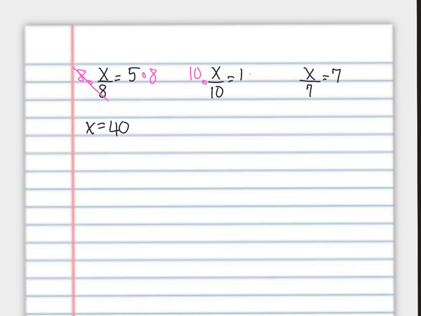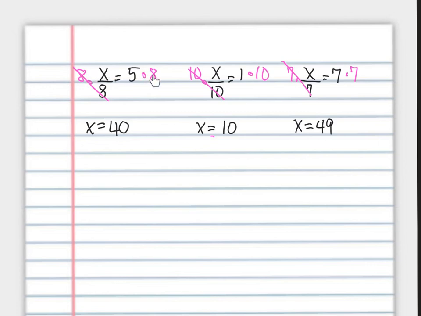Times by 10, times by 10, cross out, what's my answer? x equals 10. Times by 7, times by 7, cross out, what's my answer? x equals 49.